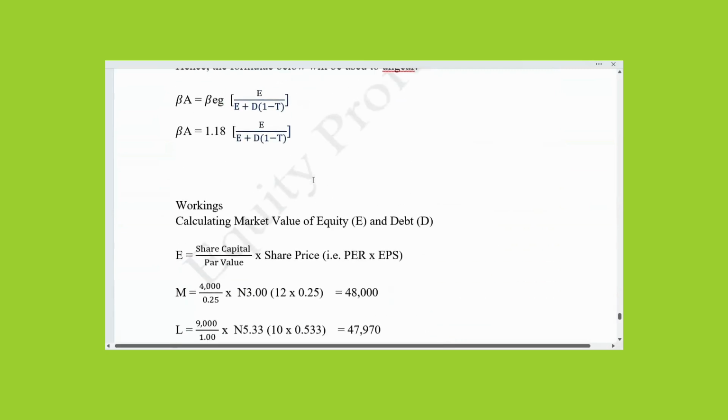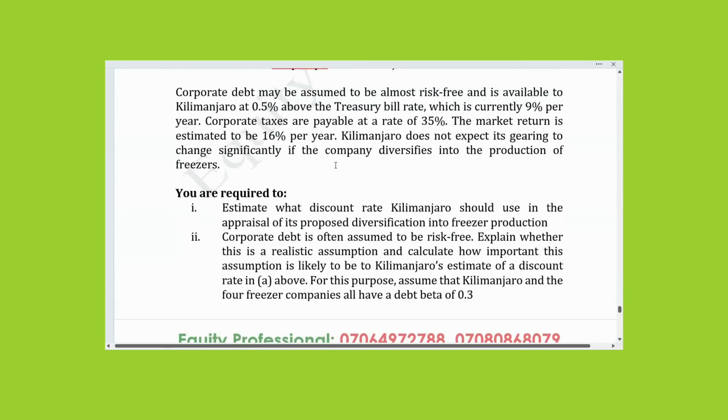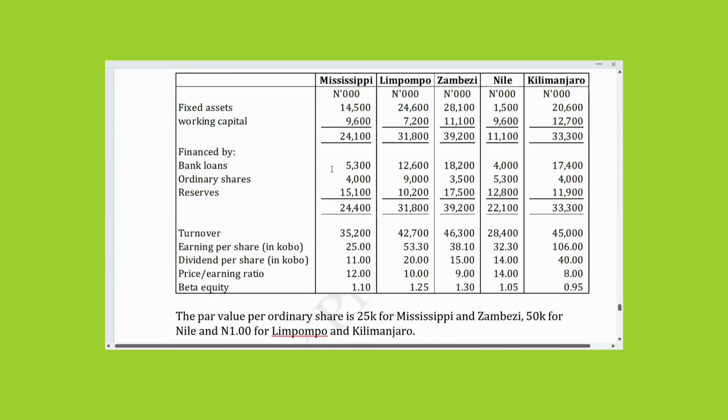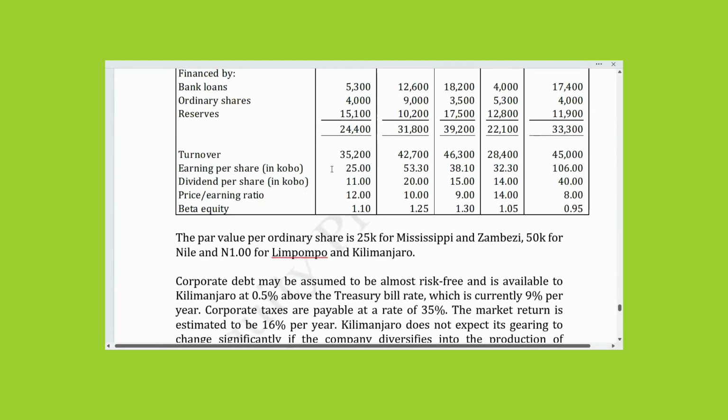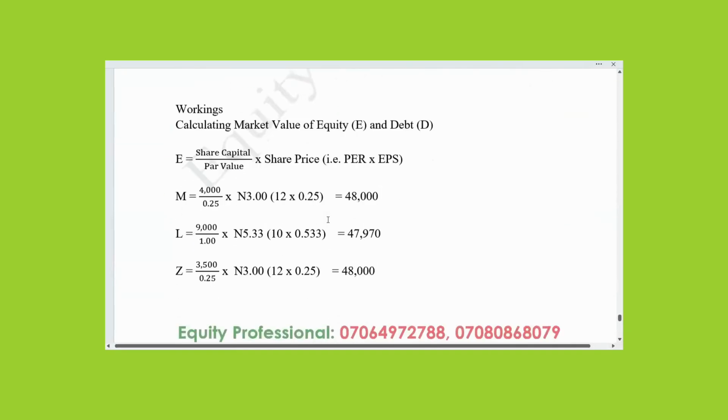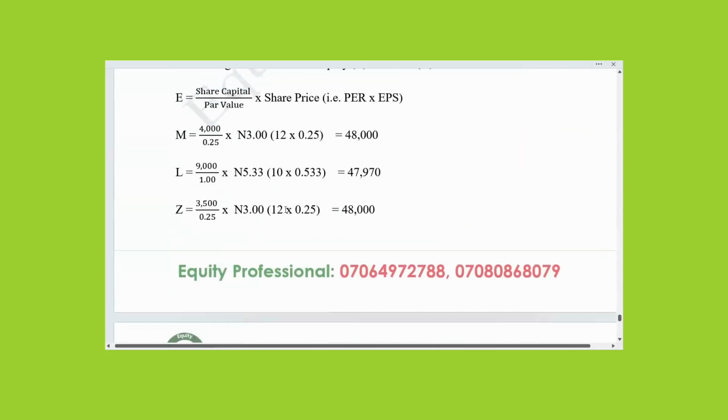Then the earnings per share and the price earning ratio of Zambezi. P/E ratio is 9 times. 9 multiplied by 0.381. Okay. Here is 9 multiplied by 0.381.